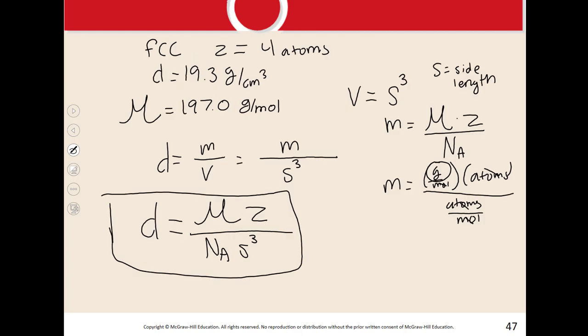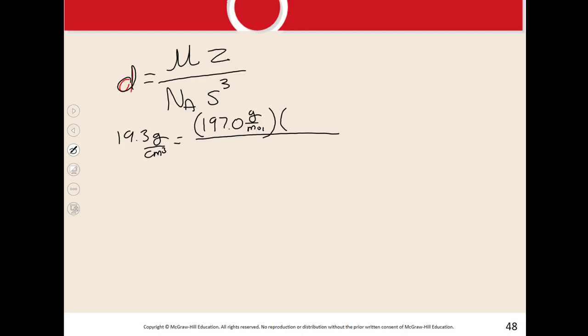Z, the number of atoms, because we were told that it was face-centered cubic, is 4 atoms. Avogadro's number, what is Avogadro's number? 6.022 times 10 to the 23rd atoms per mole.